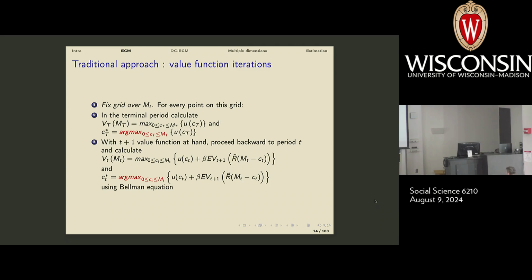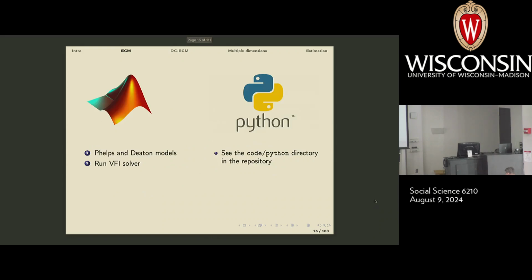You could also discretize the future M, and then back out C. Put a grid on a different variable. That's also a possibility, which I think is a worse choice. Or you could be precise and keep this really continuous and invoke some sort of iterative solver or optimizer like Newton's method, right, to find the actual optimal C. Okay, in this lecture, I'm actually showing you the code.